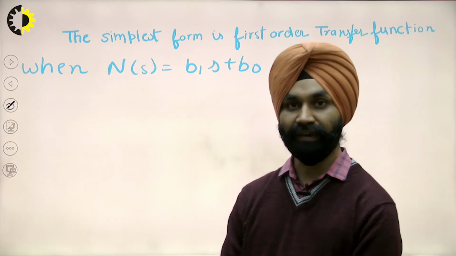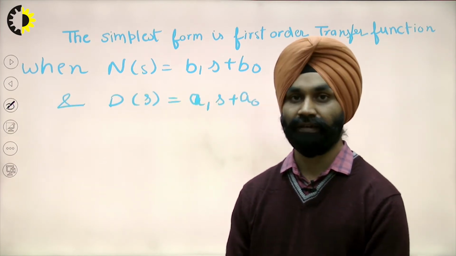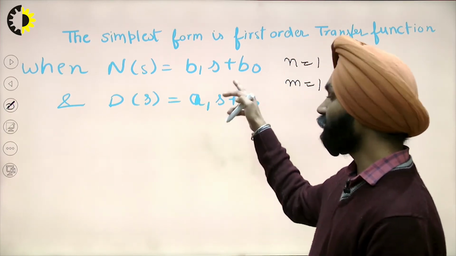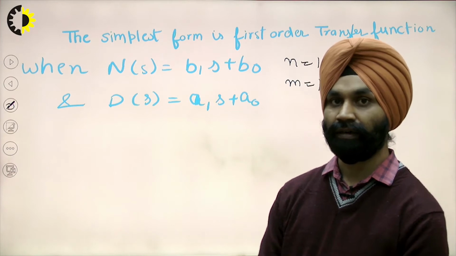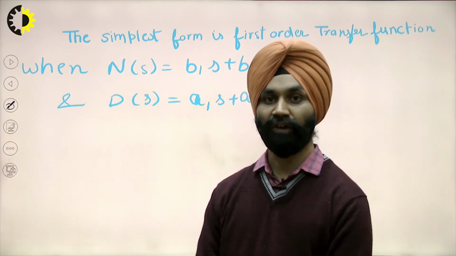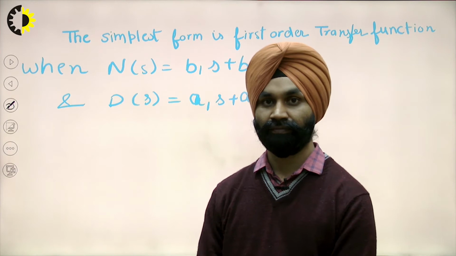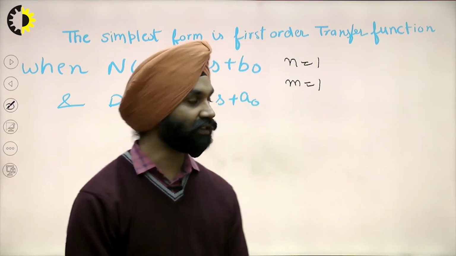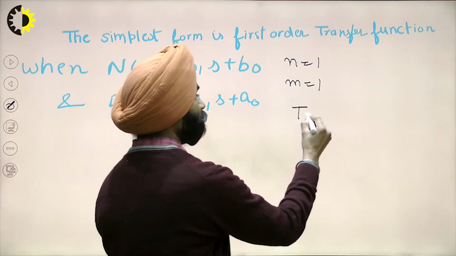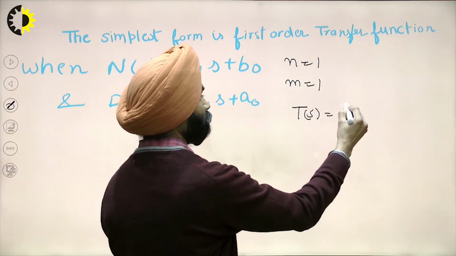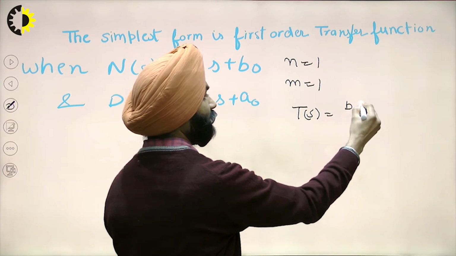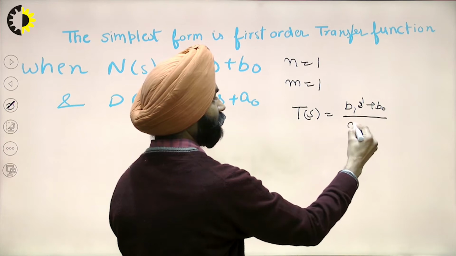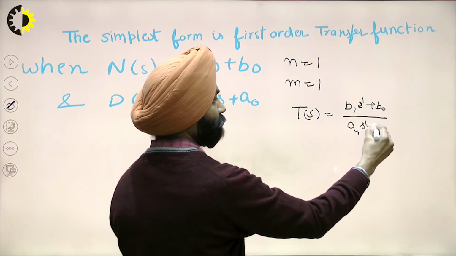Similarly, the denominator will have m equal to 1, so a1 s raised to power 1 plus a0 will be the denominator. So, the transfer function that can be realized using these equations will be equal to (b1 s plus b0) upon (a1 s plus a0).